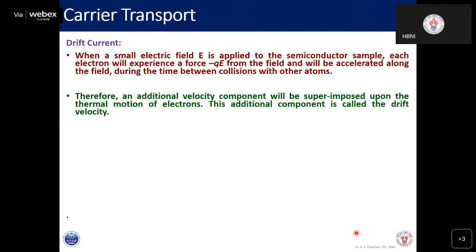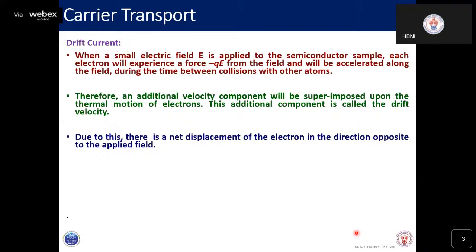drift. So an additional velocity component will be superimposed upon the thermal motion of the electrons. This component is called the drift velocity. Due to this drift, there is a net displacement of electrons in the direction opposite to the applied field.